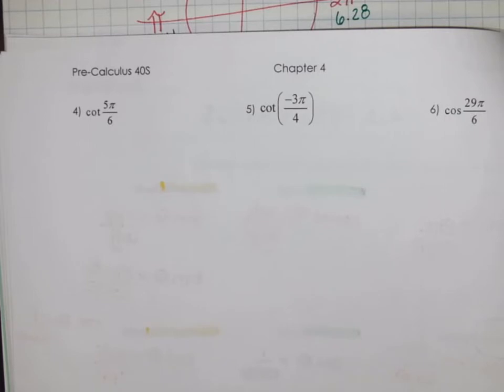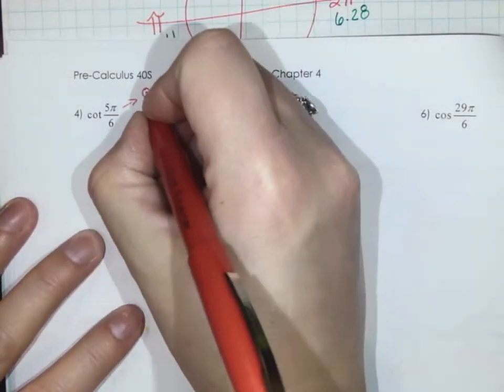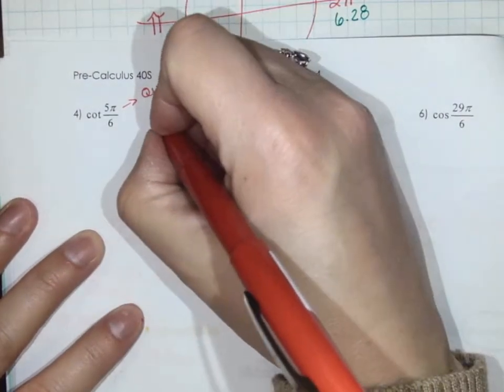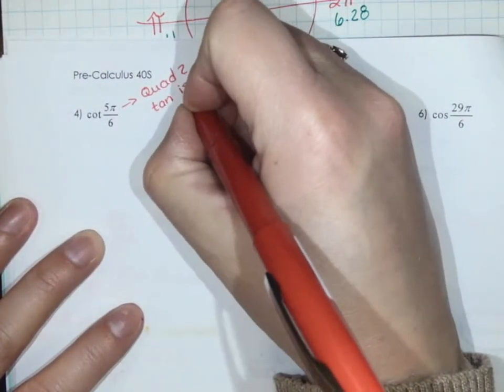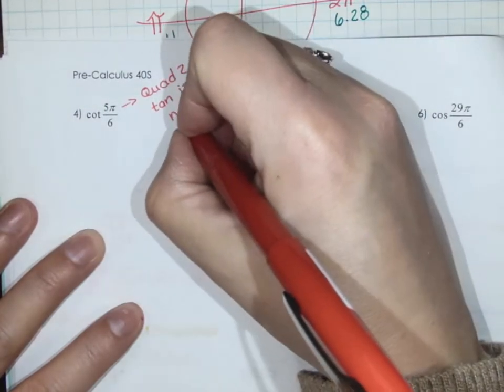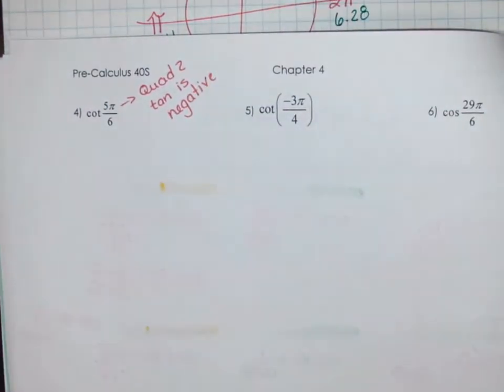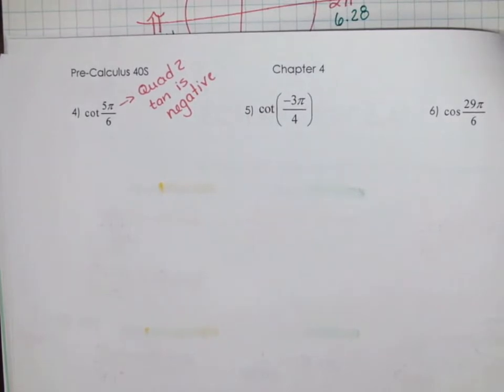Let's always start where we're located. So this is in quad 2. And what do we know about quad 2 and tangent? I got it right. Yay! So in quad 2, tan is negative. And we know that cotan is the reciprocal function of tan.